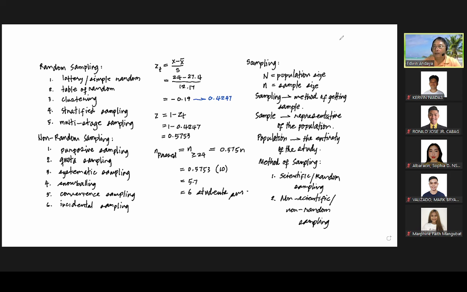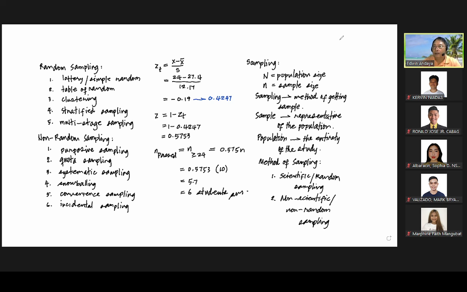That is quota sampling. Systematic sampling, this is similar to the lottery, but the procedure is different. I will show you that later. Snowballing, this is a kind of non-random sampling where you do not know who your respondents are. Snowballing is used when the study is very sensitive for the identity of the respondents to be divulged.